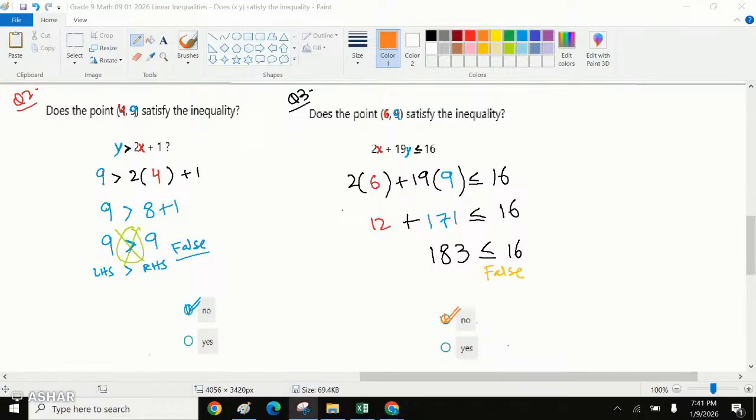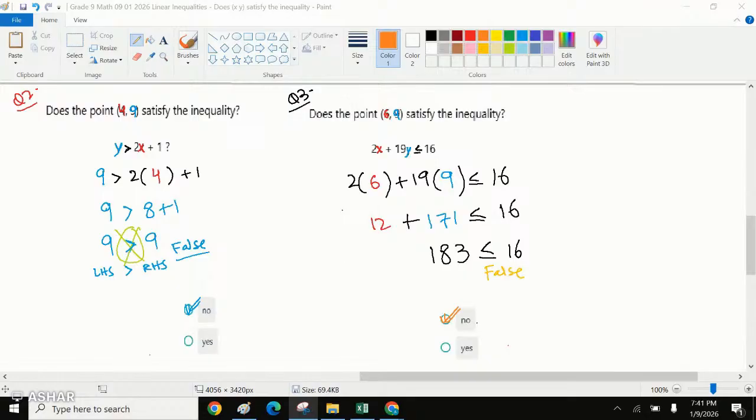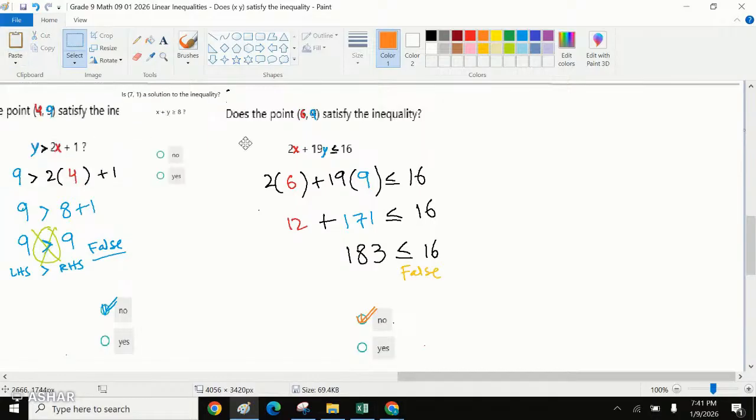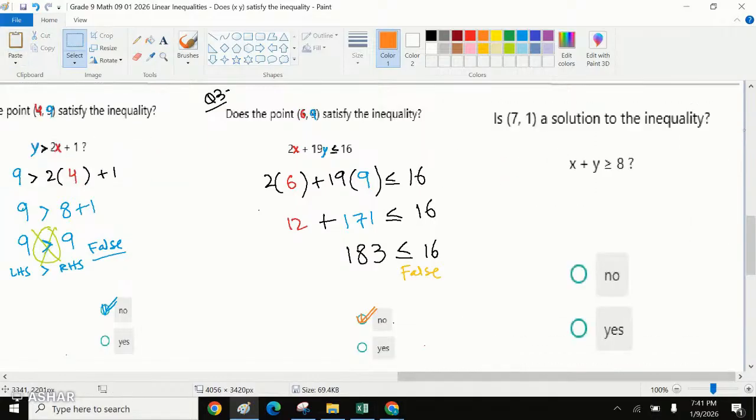One more question. Very easy. Next one is question number 4. Let's look at question number 4. They are saying, would it justify? Yes or no? Okay. Let's put it over here. So x was 7 and y was 1, right?